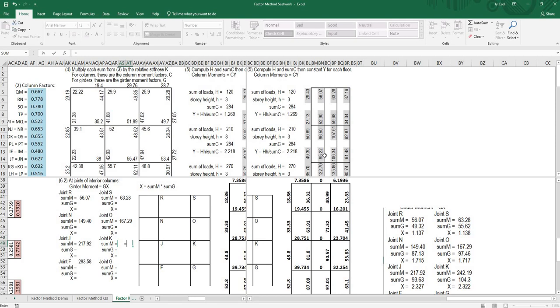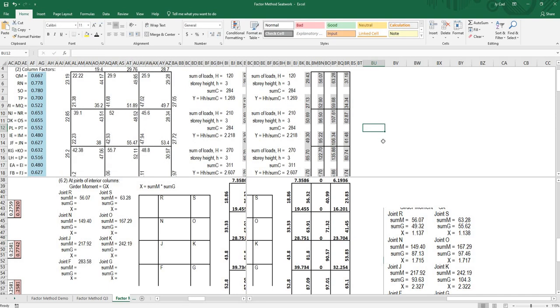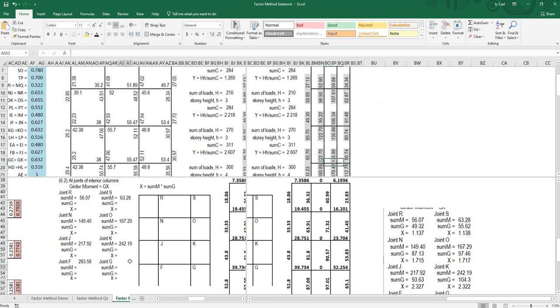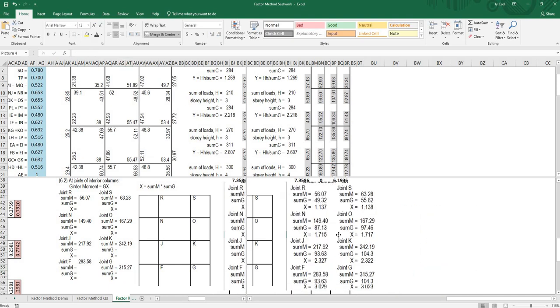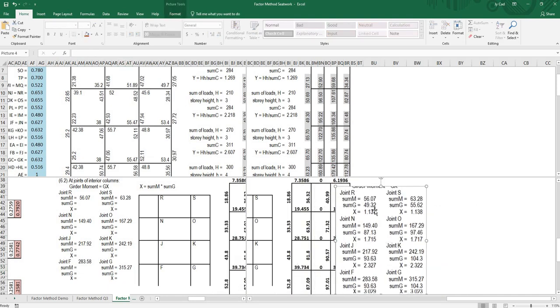This is 106.34 plus 135.86. Finally, this is 135.86 plus 179.42. Yan. So, ito yung talagang sagot niya, no?